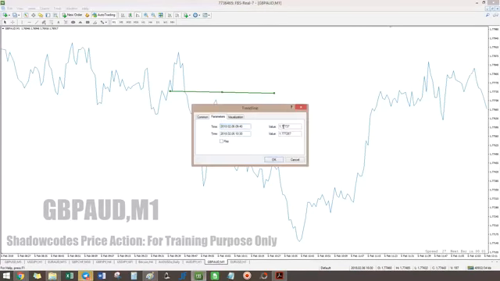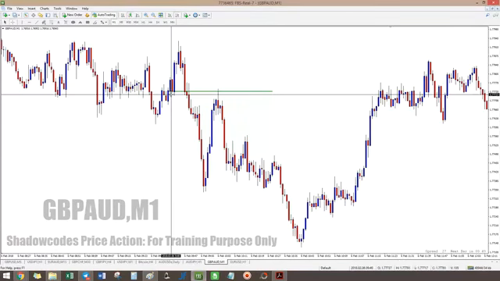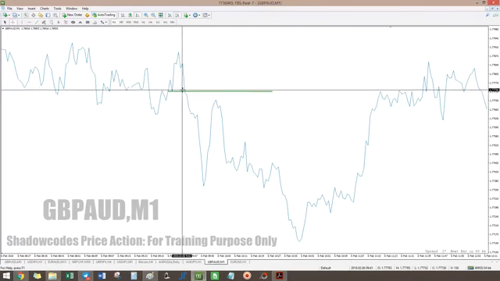You can also take just 1 support. If you have 2 supports, it's okay. But the goal is to have a support become resistance. Okay, look, support, break, resistance.